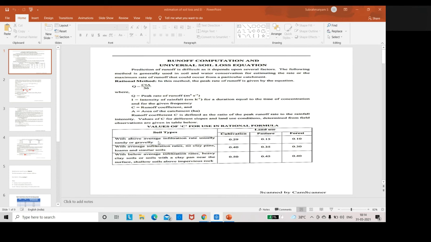Different soils have different C values, and land used for different purposes also has different C values.